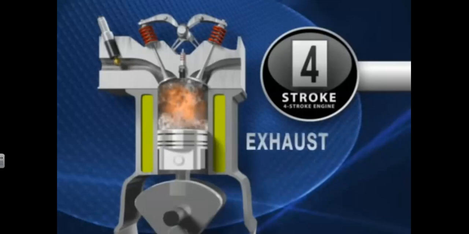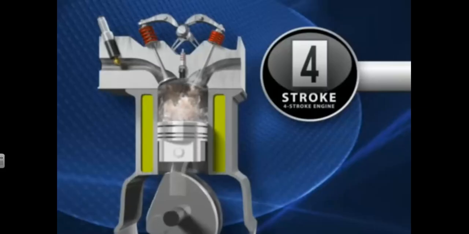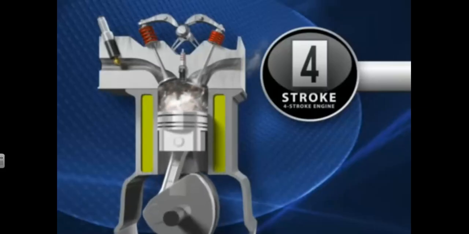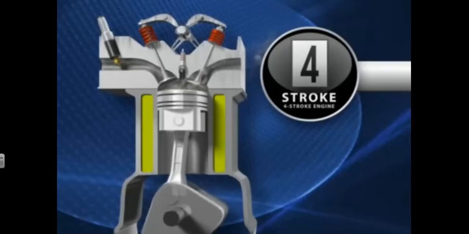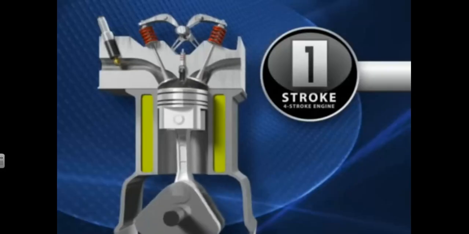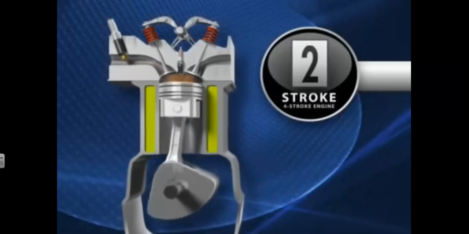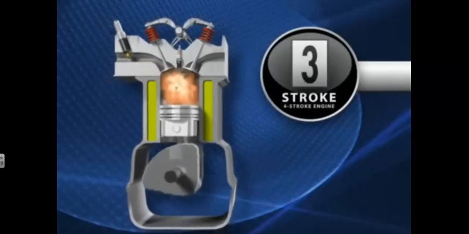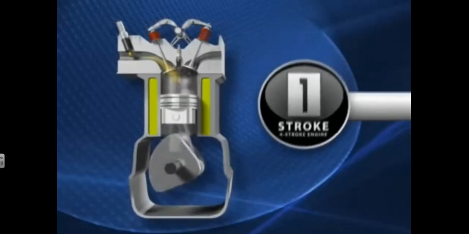The fourth stroke is the exhaust stroke. As the piston travels upward, the exhaust valve opens to release the burned air-fuel mixture. When the piston reaches the top of this stroke, the intake valve opens and the cycle begins all over again. It takes one up and down motion, or 2 strokes of the piston, to create 1 revolution of the crankshaft.